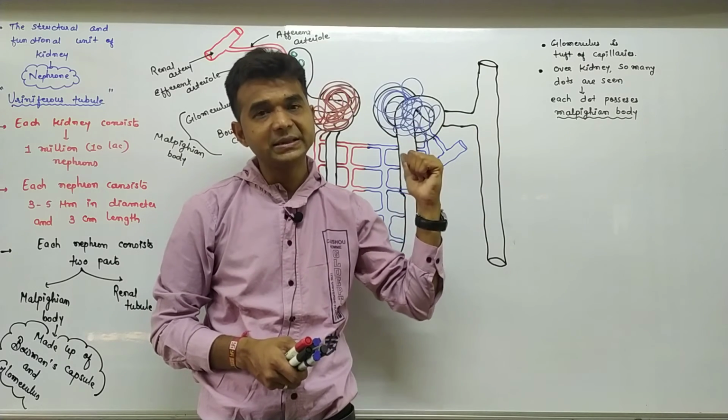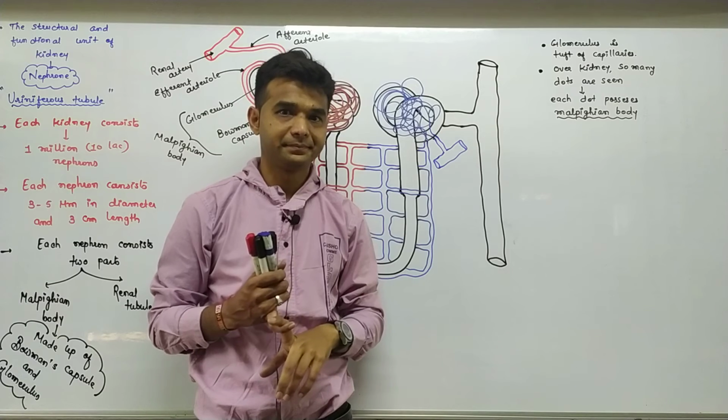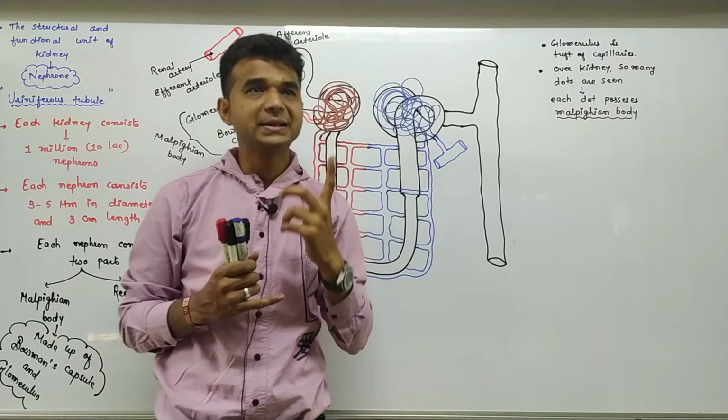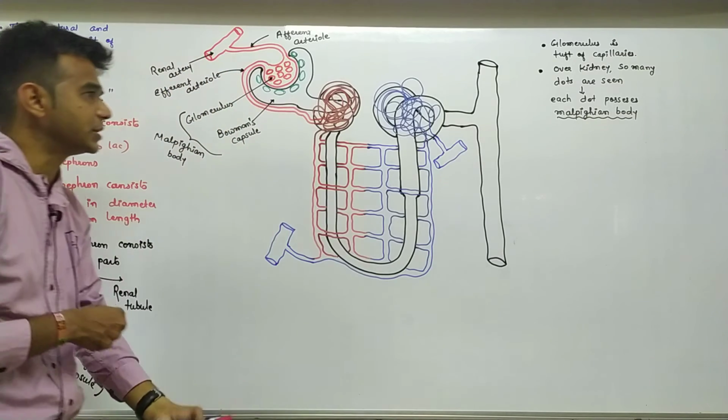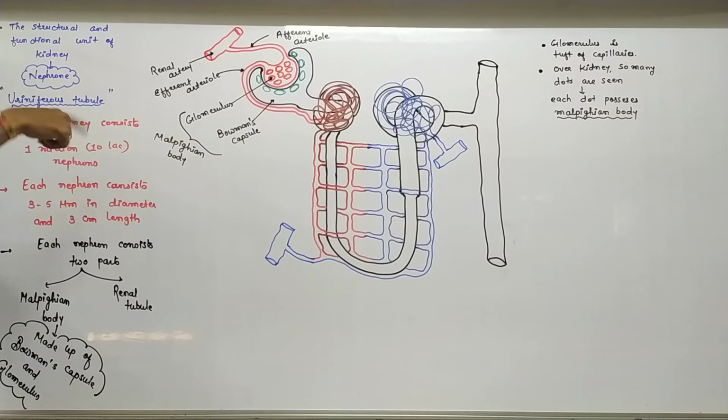The Malpighian body is part of the nephron, and Bowman's gland is present in the nose region. So over each kidney the dots are there, and each dot possesses the Malpighian body.